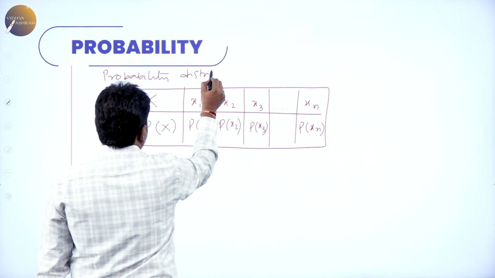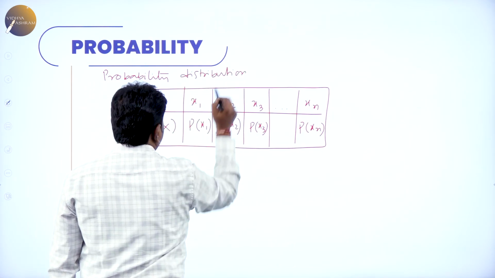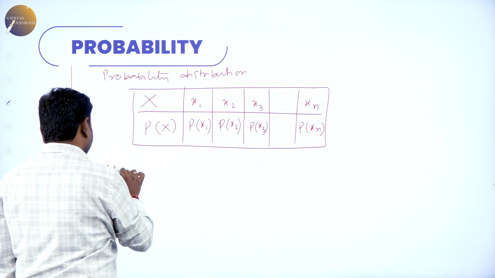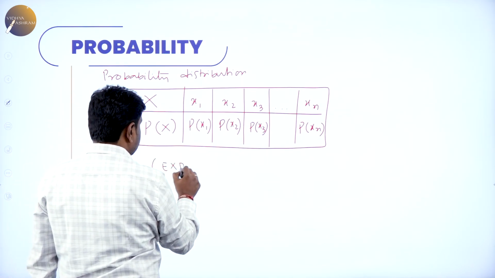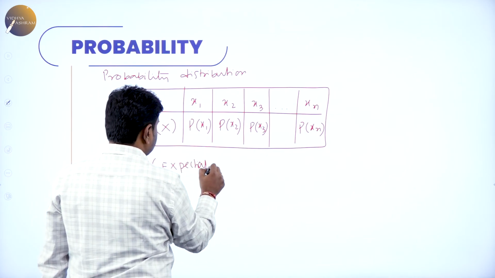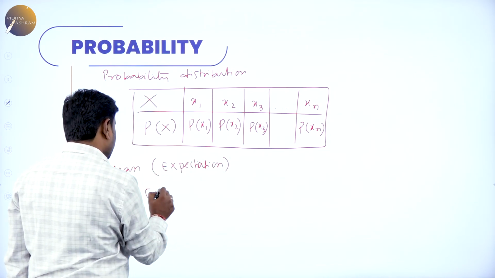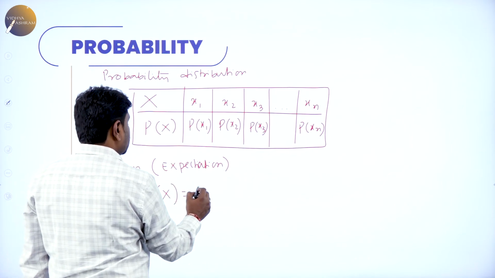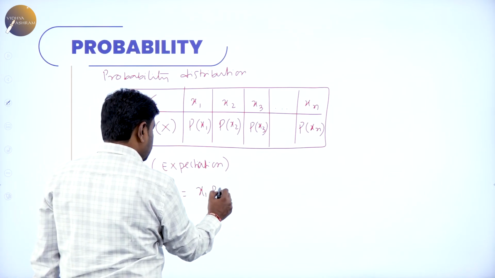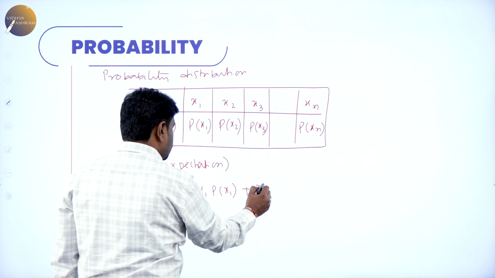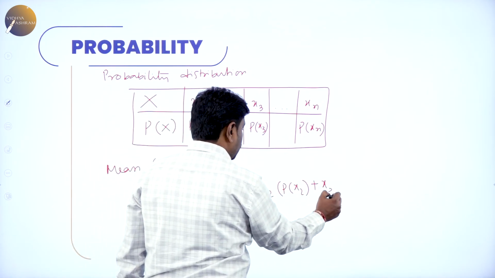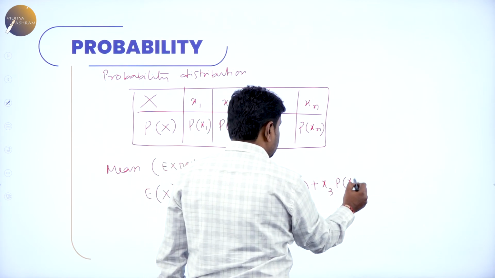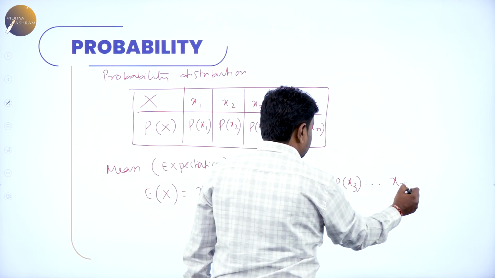Now first find mean. Another name for mean is expectation. So how to find expectation? We say E of x. How to find E of x? E of x is x1 into p of x1 plus x2 into p of x2 plus x3 into p of x3, and so on, xn into p of xn.